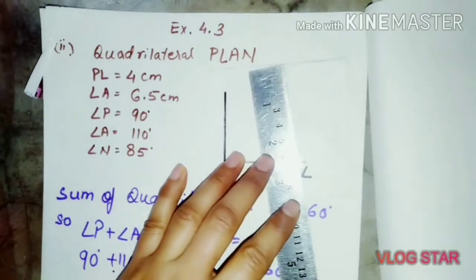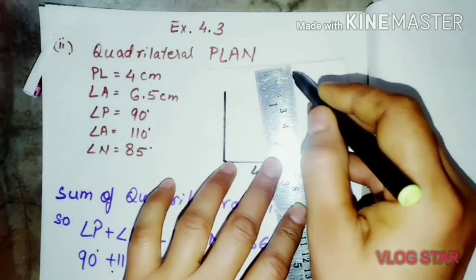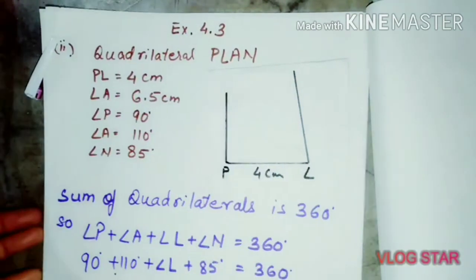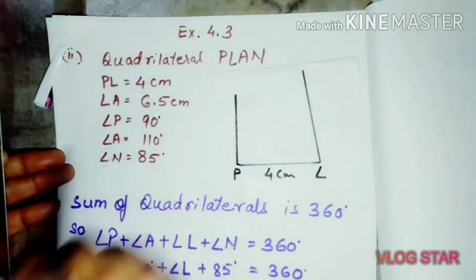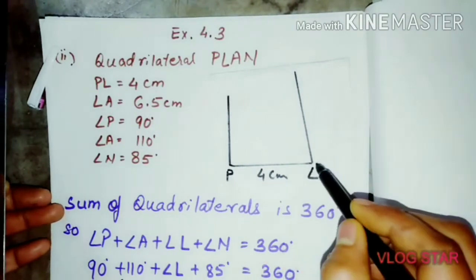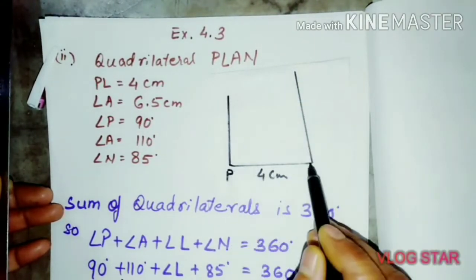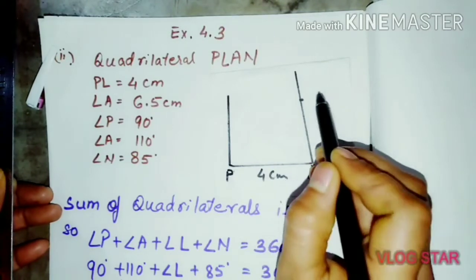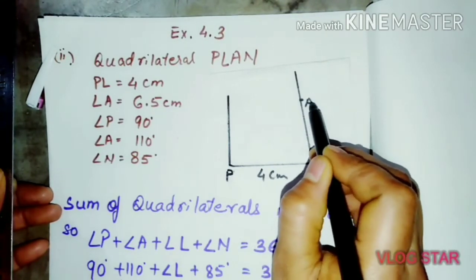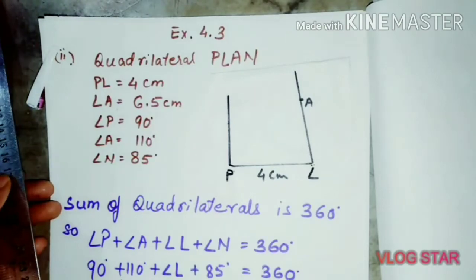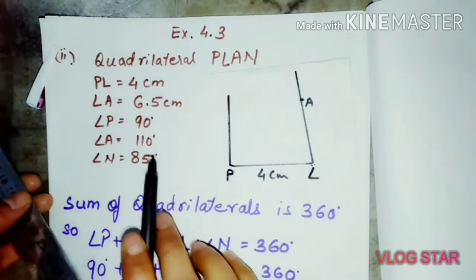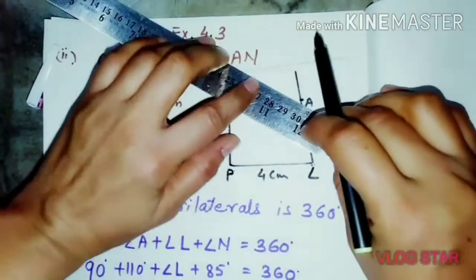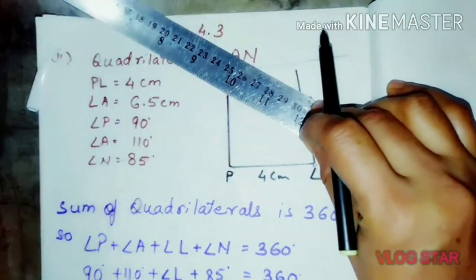So at point L we'll have to draw a 75 degree angle. Then it is given LA is 6.5 centimeter. So LA must be somewhere here, let this point be point A. At point A it is given 110 degree, so from this we draw 110 degree.